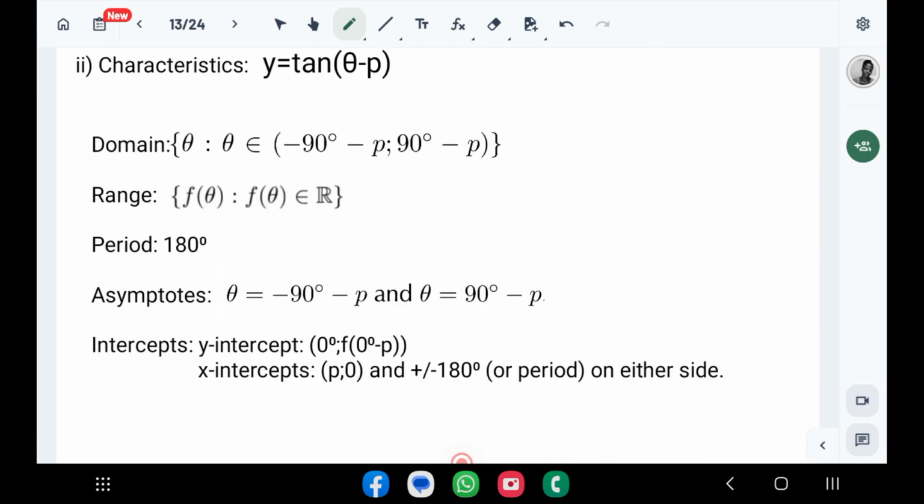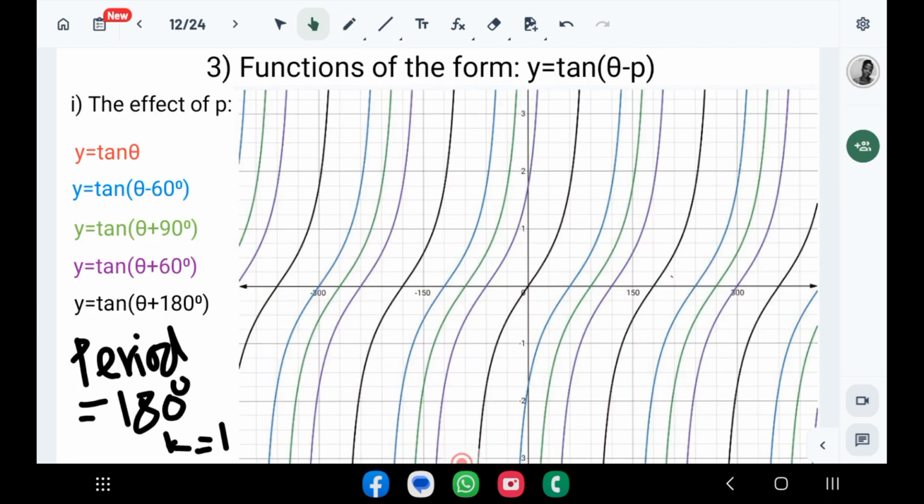Now let's look at the characteristics in general. But before we do that, let's look at what happens with tan of theta plus 180 degrees. Remember, I told you it replaced the red tan theta graph. How did that happen? So basically, this is what we did. We shifted the graph 180 units to the left. Notice what happens. 1, 2, 3, that is negative 90.